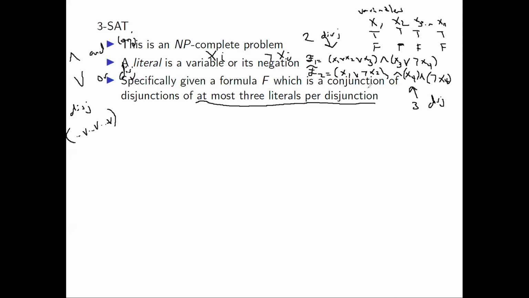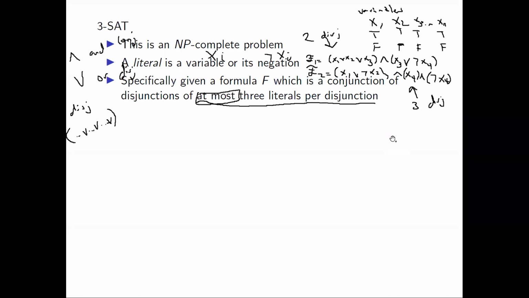And each of the disjunctions in both of these formulas have at most 3 literals. So the first formula, its disjunctions have 3 literals and 2 literals. And the second formula, its disjunctions have 2 literals, 1 literal, and 1 literal. And all of these are fine for 3SAT because we just require at most 3 literals per disjunction.